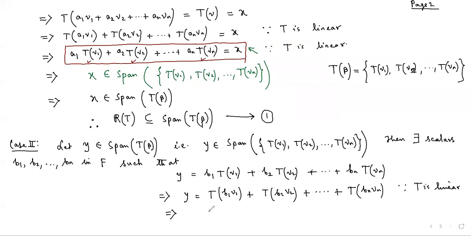This can also be written as Y is equal to T of b1 v1 plus b2 v2 plus ... plus bn vn. Why? Because T is linear. Understood? Any doubt in this particular logic or in any particular line, you can ask me now.